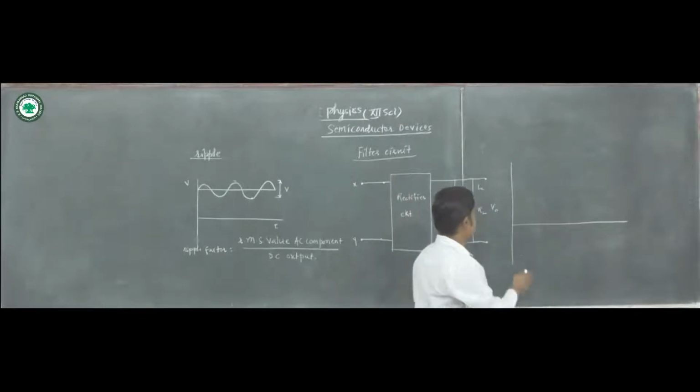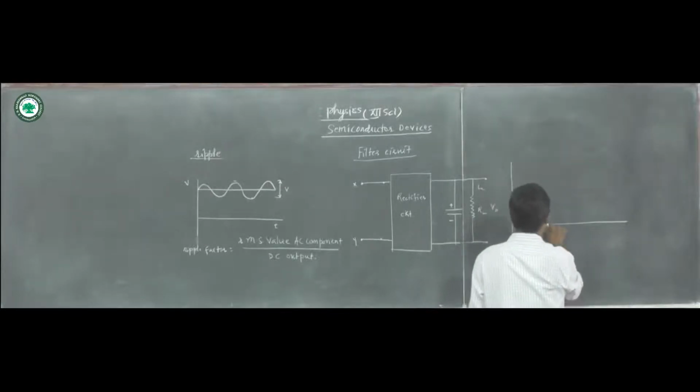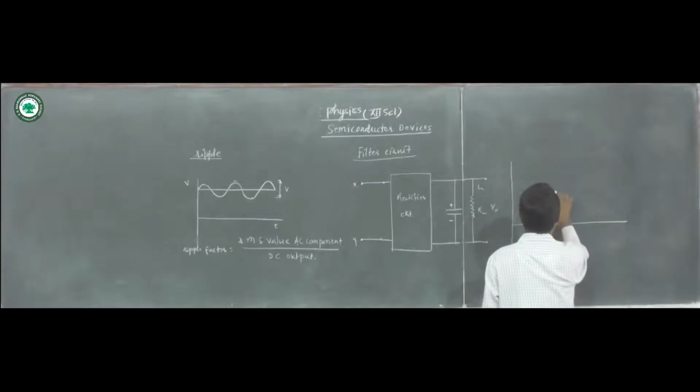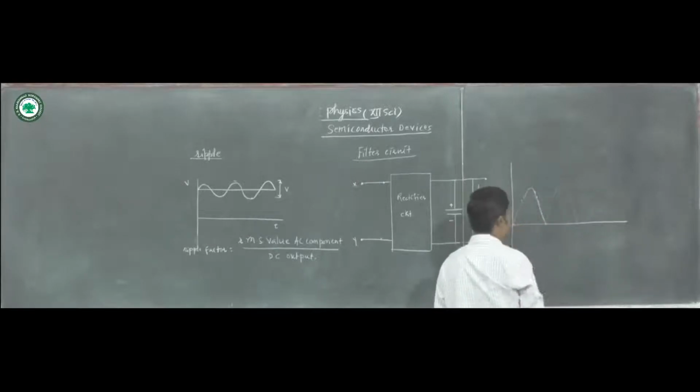What happens? We get the output in this way. In the positive cycle, one diode conducts, then another diode conducts in the next negative cycle. We get the output waveform in this way.